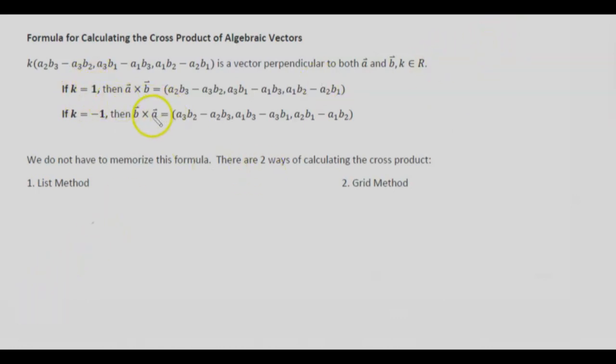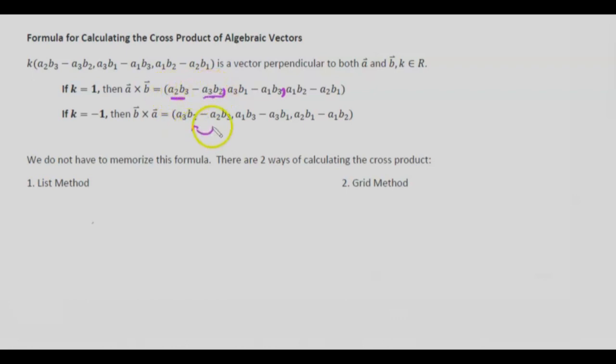If k equals 1, then this long equation, I'm going to show you how to get this. A cross B is going to be this. And remember, these are commas right here because we're going to have 3 coordinates. It's going to be in the form of a vector. And if k is -1, see how it's like A2B3 minus A3B2?